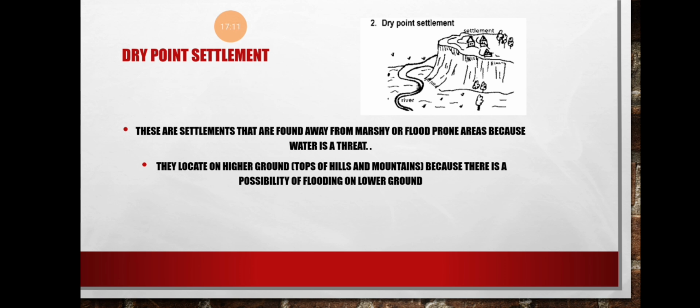Dry point settlement. They locate on higher ground because there is a possibility of flooding on lower ground. If you check there, we have a settlement on top of the mountain, and down there we have a river.